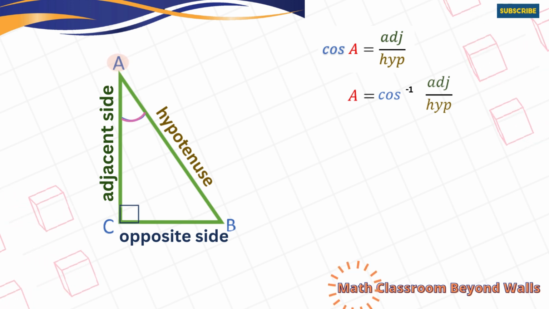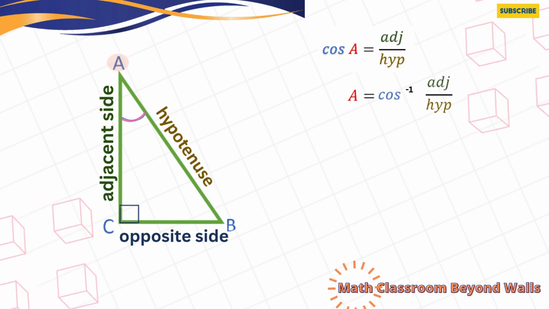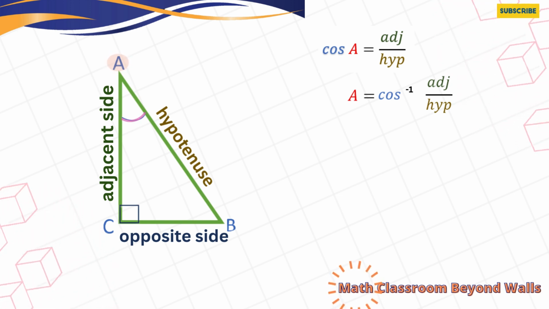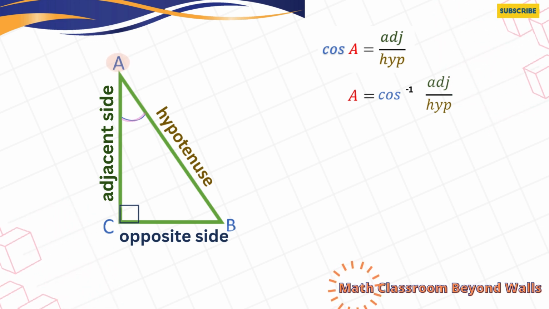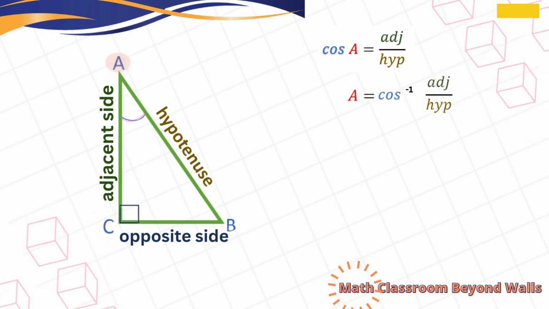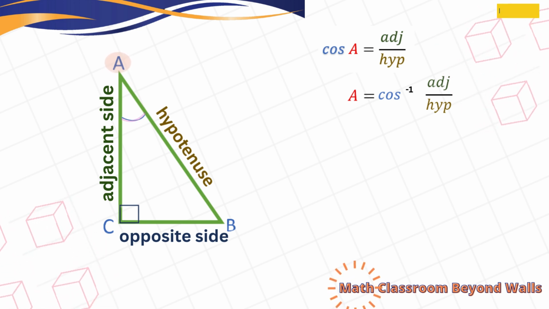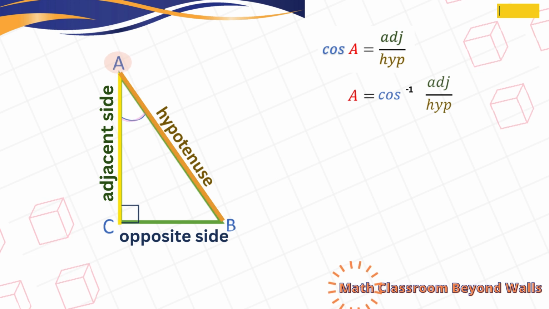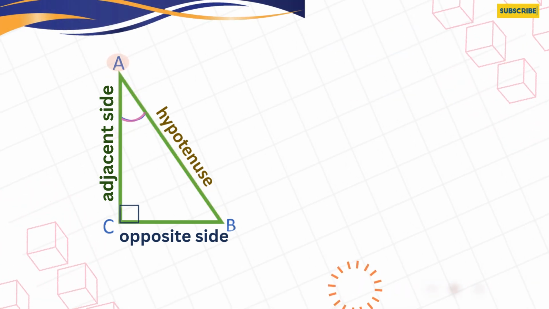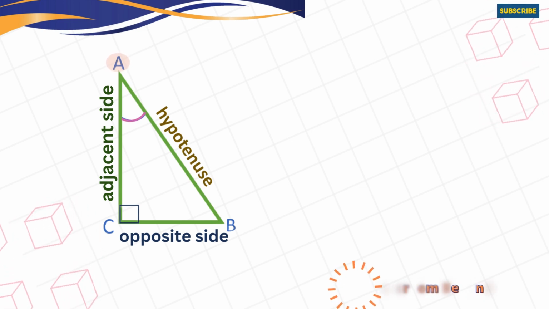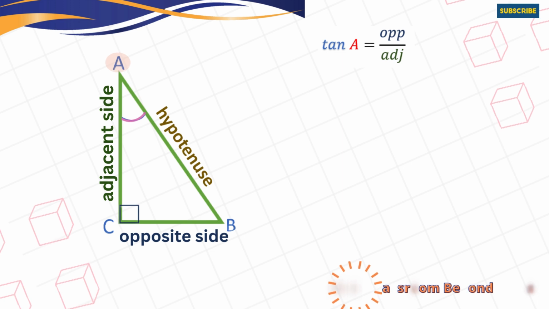We now have angle A is equal to cosine to the negative 1 times the adjacent side over the hypotenuse.